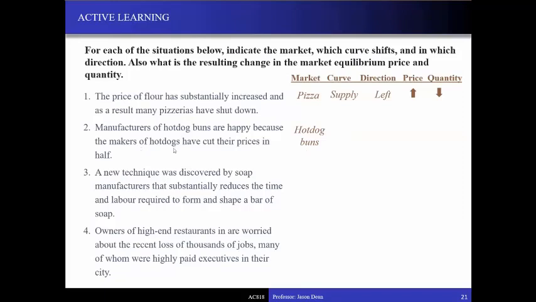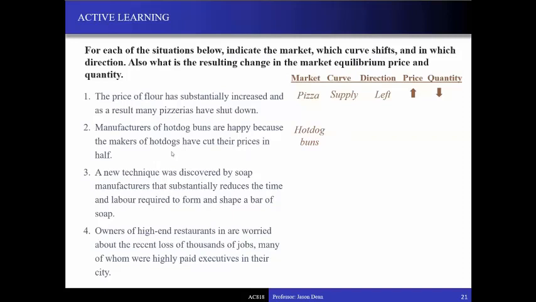So if hot dogs are much cheaper now, people are going to buy more hot dogs, right? So you can't argue that. We have to look at things in isolation. All we're saying here is that we have the price of a related good falling. And what kind of a related good is it?